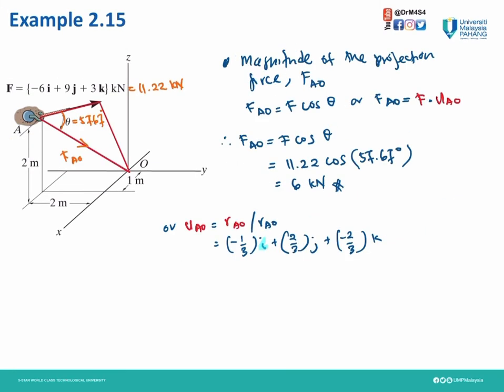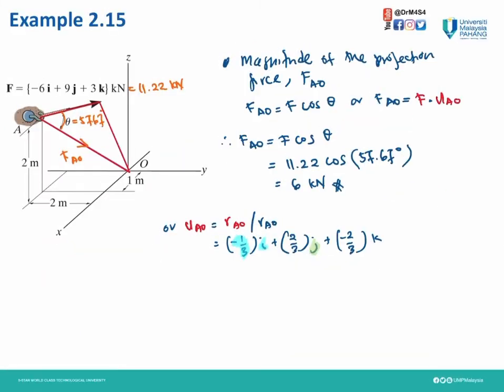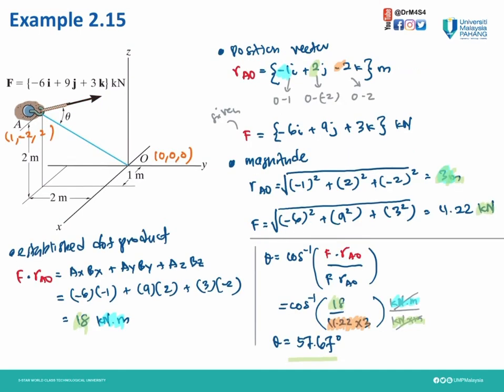So 1 divided by 3 on I. Then for J, 2 divided by 3. Then for K, negative 2 divided by 3.